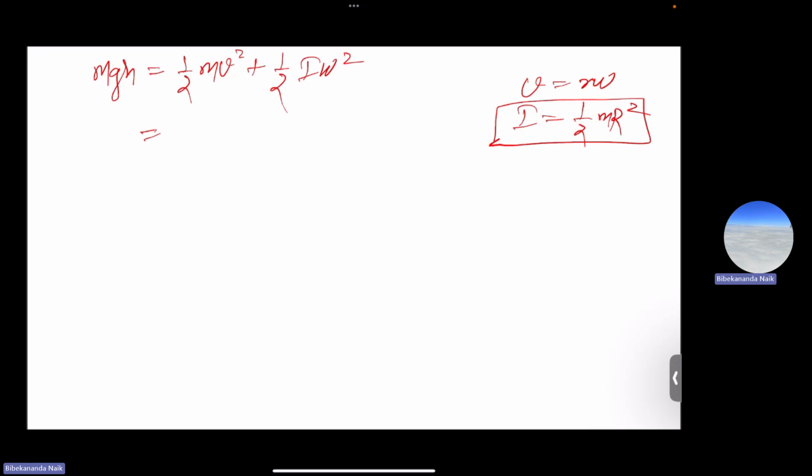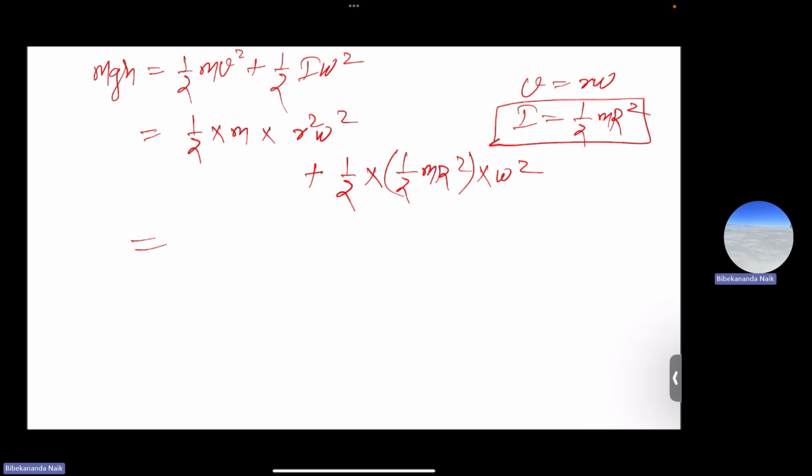So mgh becomes half into m into r square omega square plus half into half m r square into omega square.